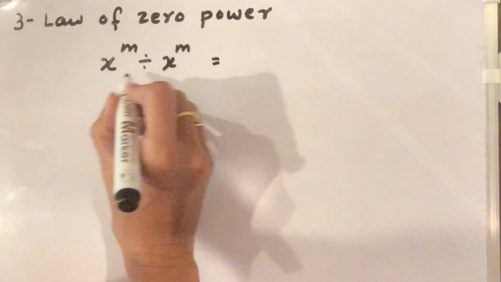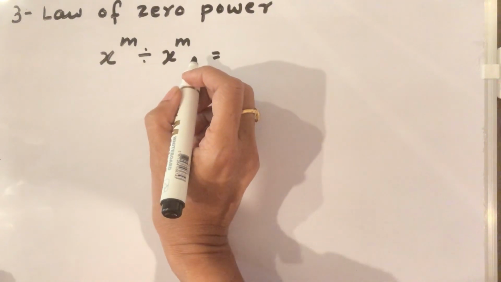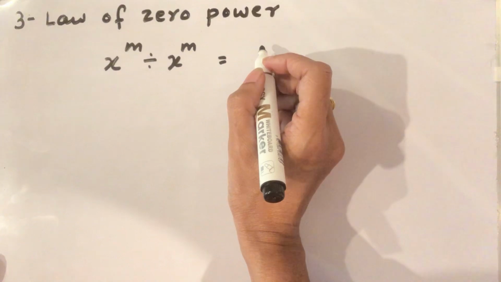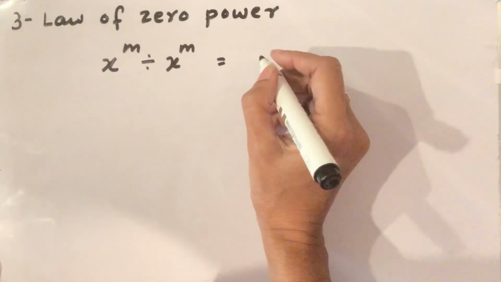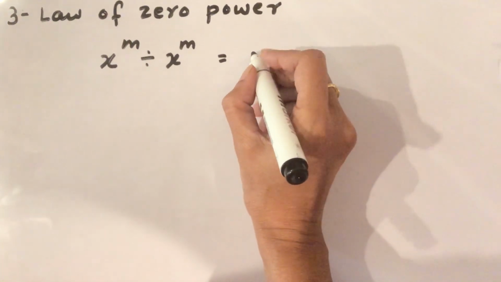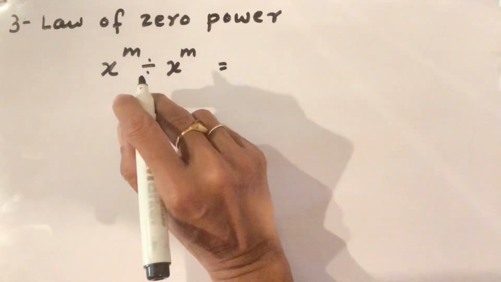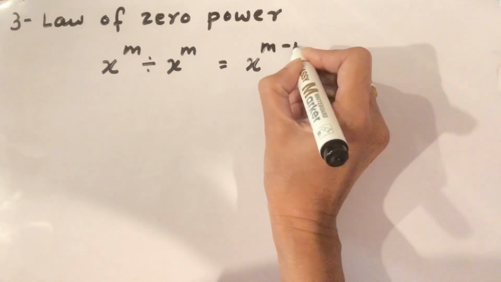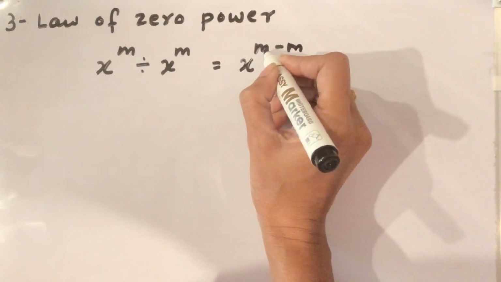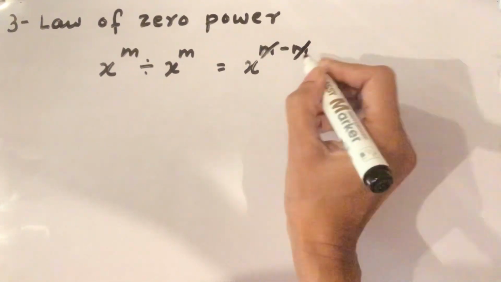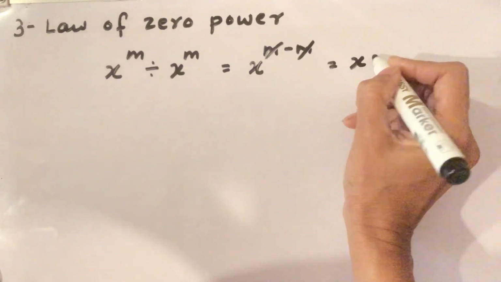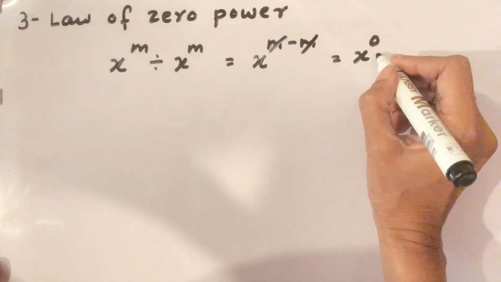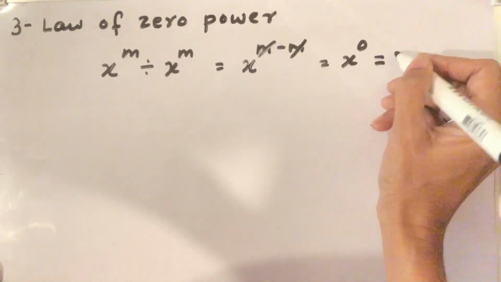We know that when we divide the same bases with powers, their powers will be subtracted from each other. Here we have same powers and same bases, so we keep the base x the same and their powers minus each other, so they cancel and the power becomes 0, and x with power 0 is always 1.